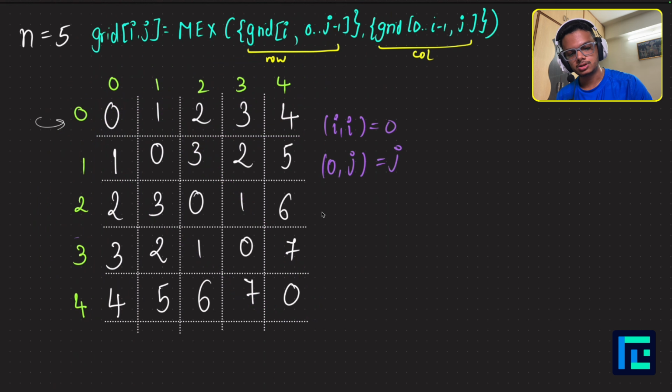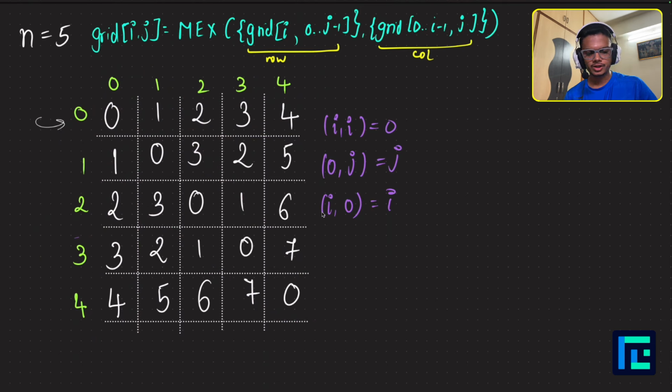For example, 0 with 0 gives you 0, 0 with 1 gives you 1, 0 with 2 gives you 2, and so on. Similarly, for the 0th column, if you pair up any row value with 0, you get the row number back. So i0 also gives you i.